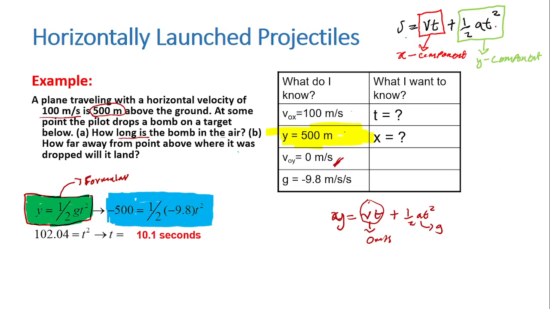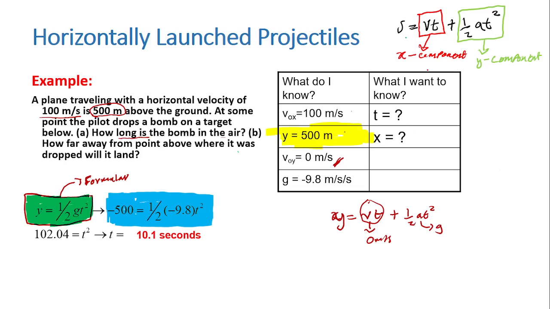Because there is no acceleration in the x component. And there is no velocity in the y component. It might be there in some questions, but in most cases you need to understand that.